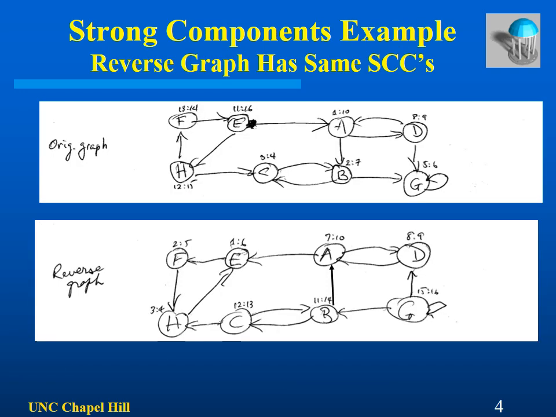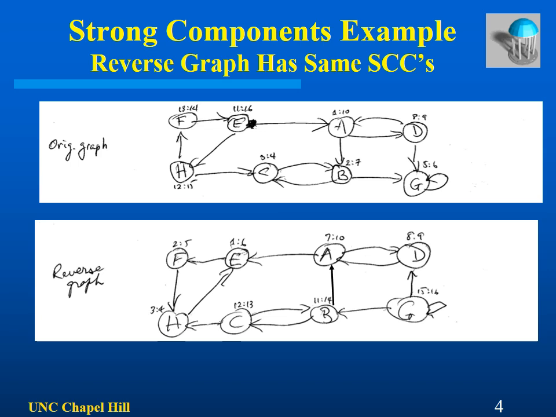I'm going to explain the algorithm for computing the strongly connected components with an example that we see here. This is an original graph on the top that has nodes A, B, C, D, E, F, G, H, and we're going to initially work on them in that order. We're going to be creating a graph that we call the reverse graph.